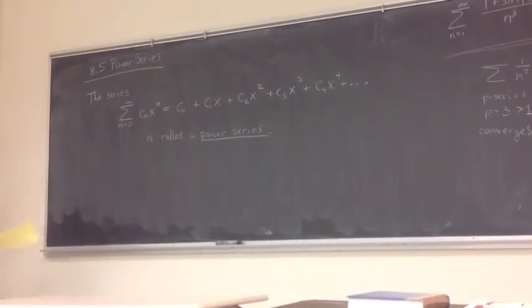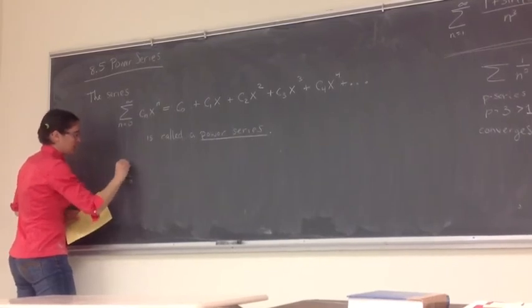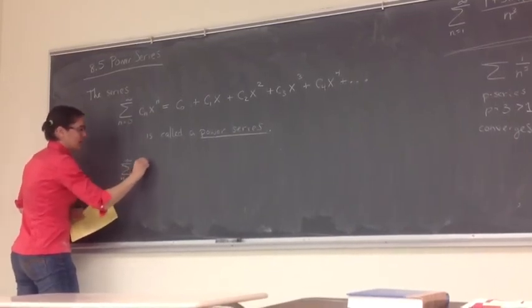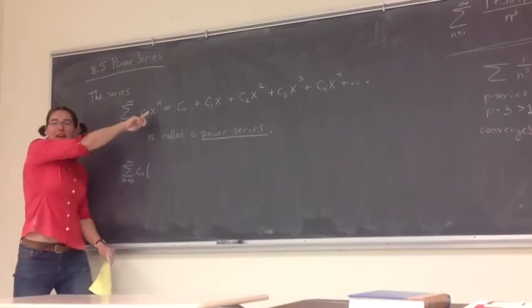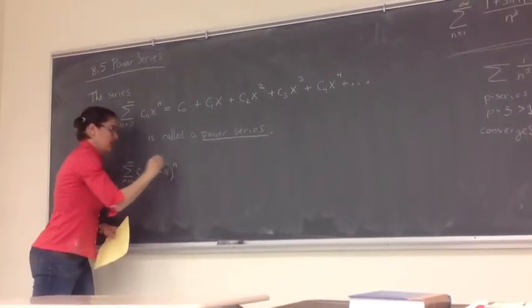And I have a second version of this, which looks like the sum where n goes from 0 to infinity of Cn, and instead of just x raised to the n, I have the quantity x minus a raised to the nth power.